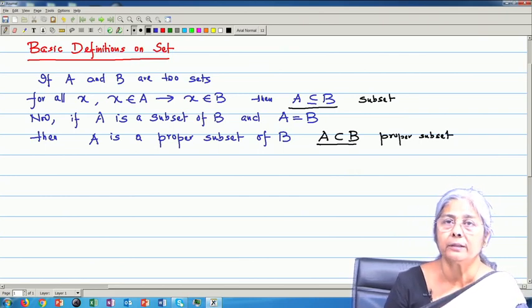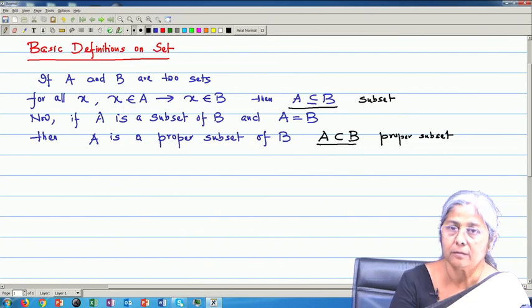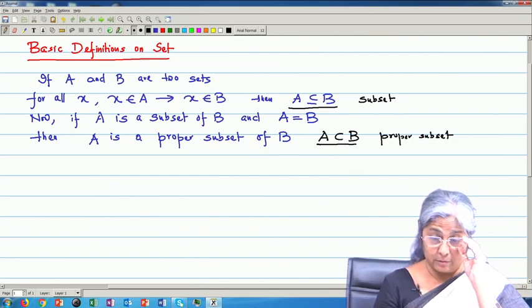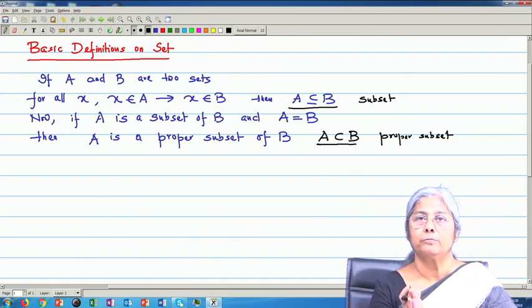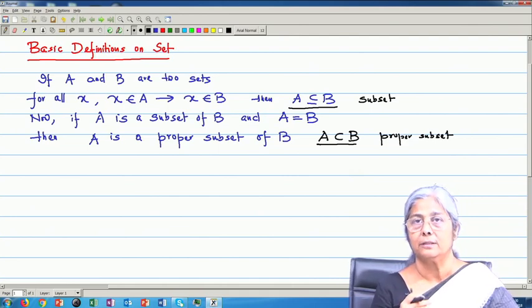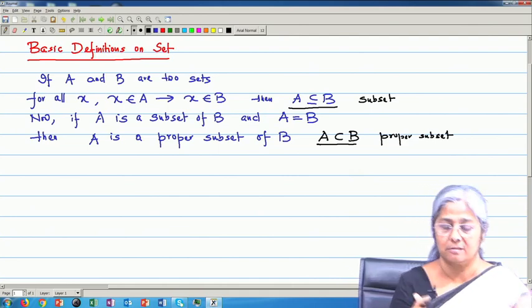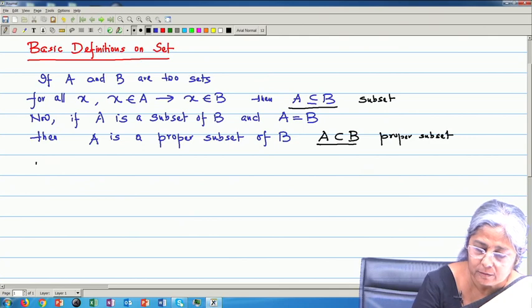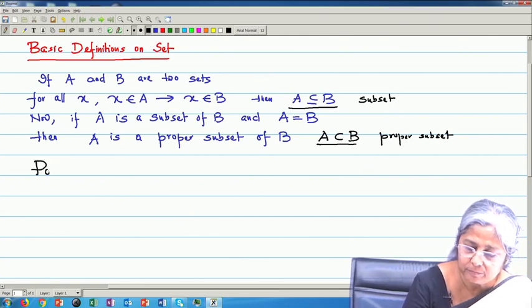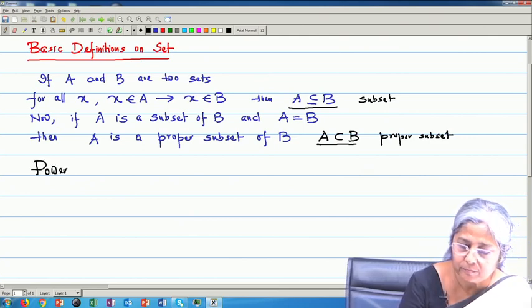Now, we define another property of subsets of a set, called the power set. We define power set.